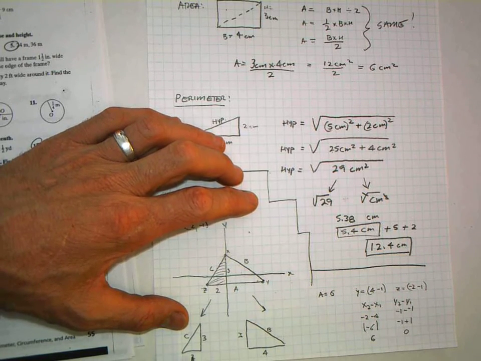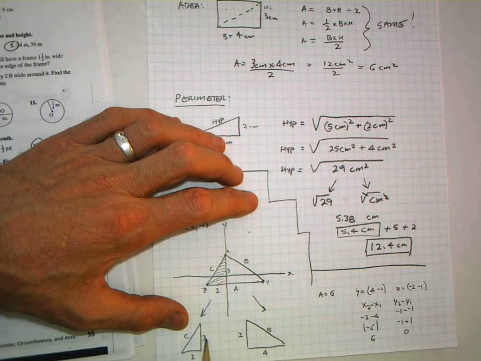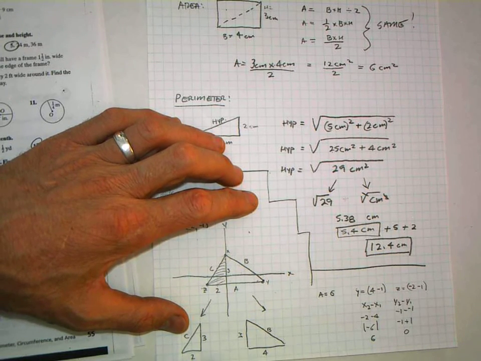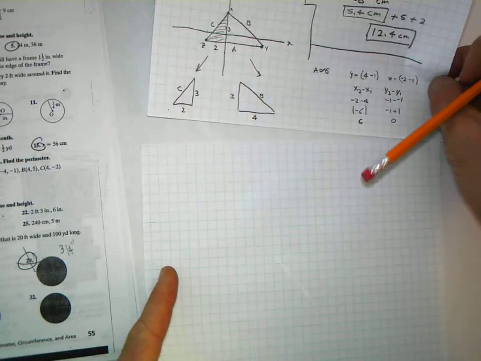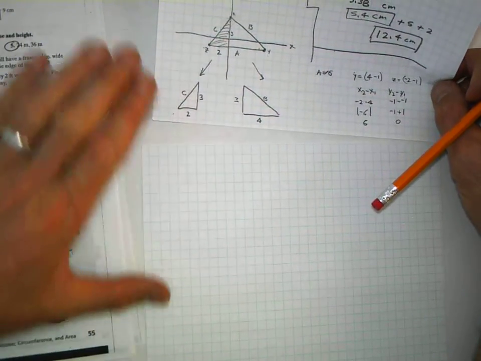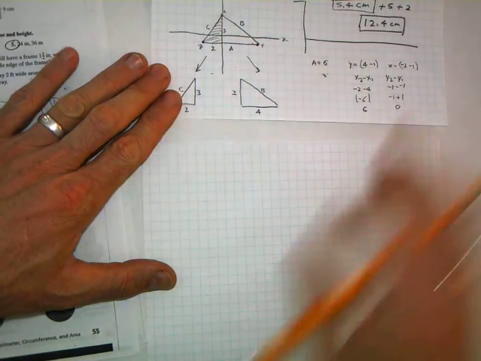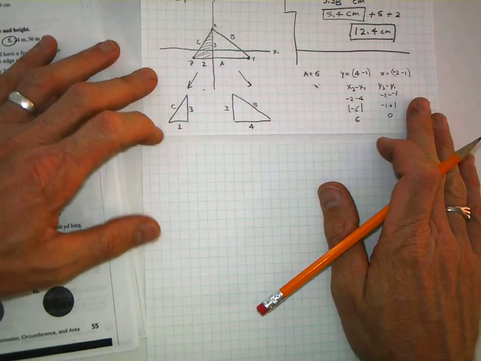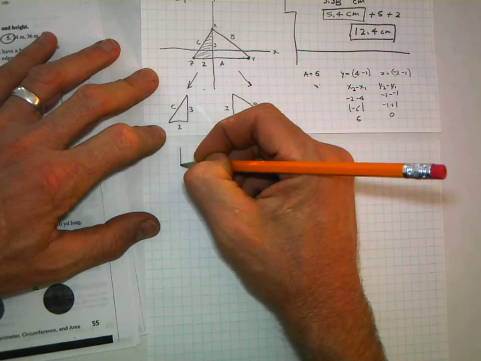How do we do these? Each of these has their own equation. C is equal to the square root of this squared plus this squared. We'll do this one first.